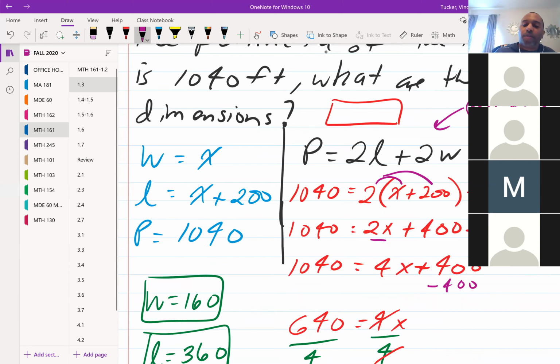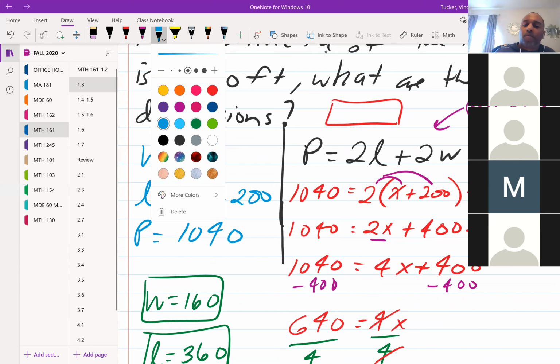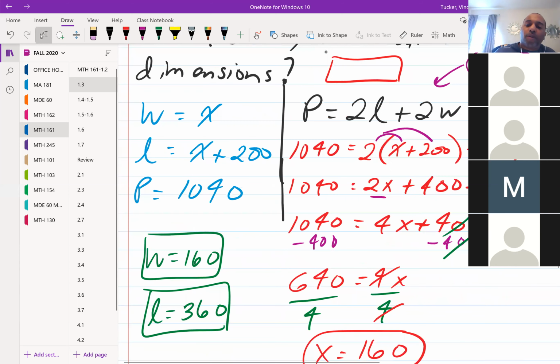Minus 400. 400 is canceled on the right. Then on the left, we have 640 equal to 4x. And then we can finish it all by dividing by 4. And x is equal to 160.